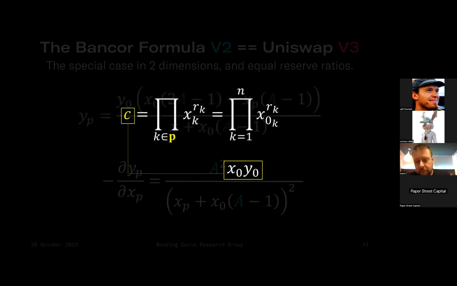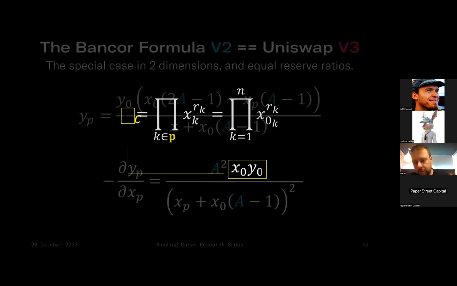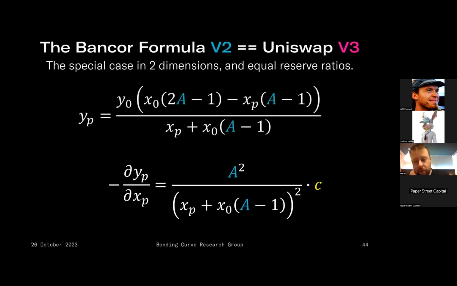Every time this expression pops up, for the sake of clarity of presentation, we can feel free to replace it with the letter C, which remember refers to whatever the hyperbolic constant K would be if this was an unamplified curve. In the familiar xy = k, that k value is equal to this c value, and so it does tell you something about the actual number of real tokens underpinning this thing.